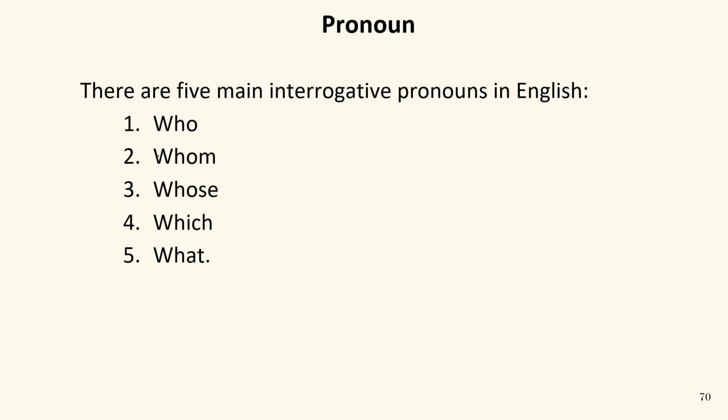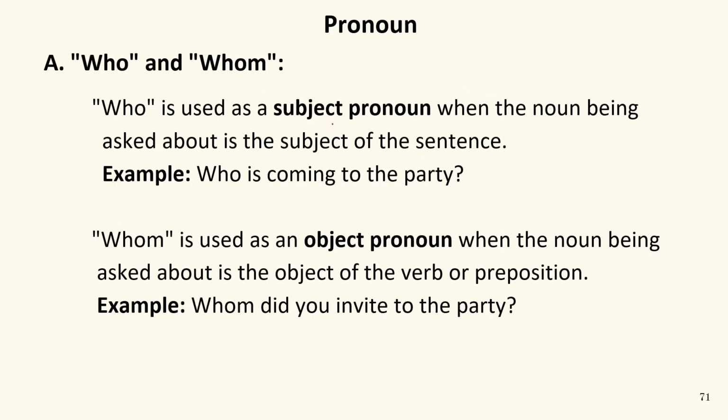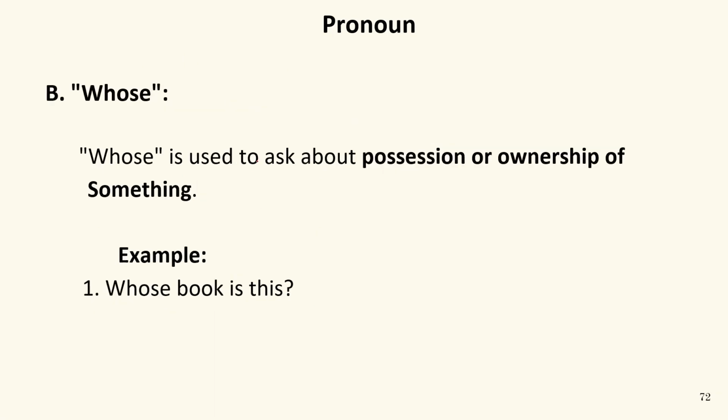There are 5 main interrogative pronouns: who, whom, whose, which, what. Who is used as a subject pronoun when the noun being asked about is the subject of the sentence. Who is coming to the party? So who is a pronoun over here.